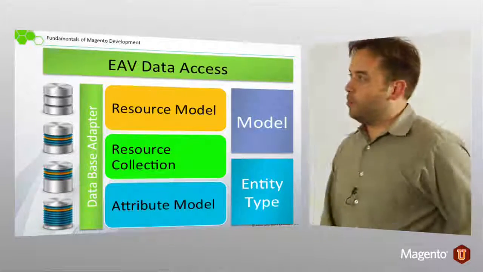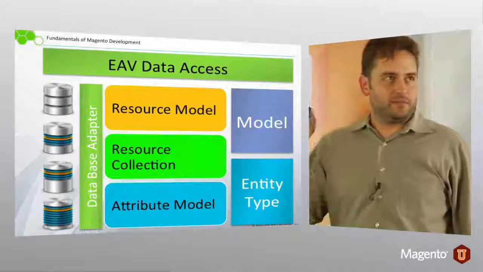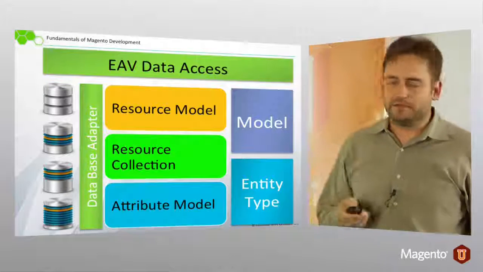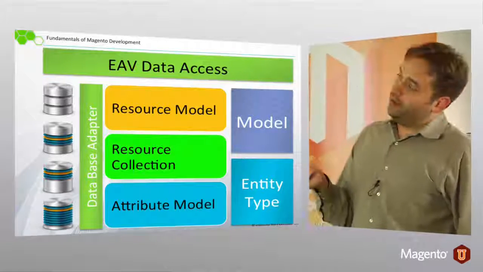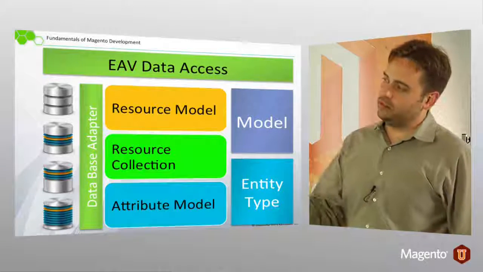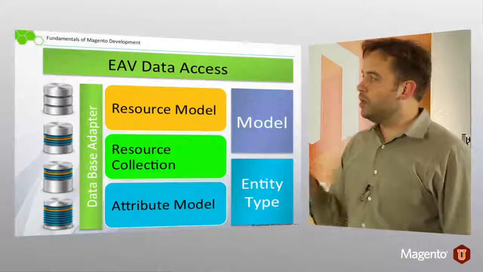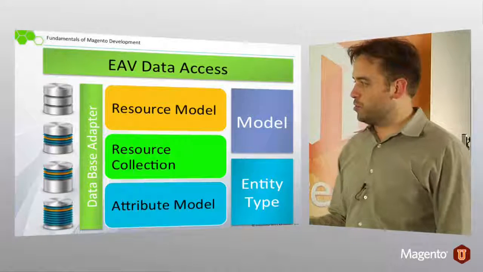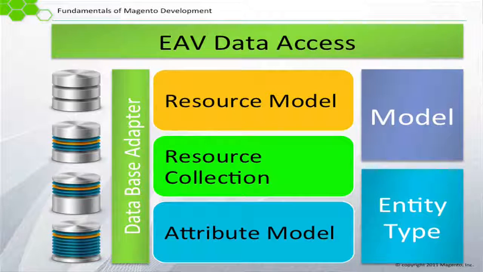We had this slide earlier today: the resource model and the resource collection, and the model, database adapter and storage. Well, with EAV entities, we introduce the entity type and an attribute model.